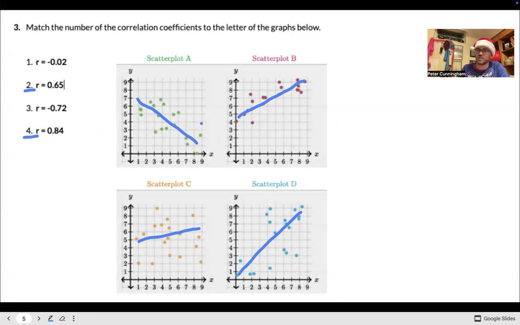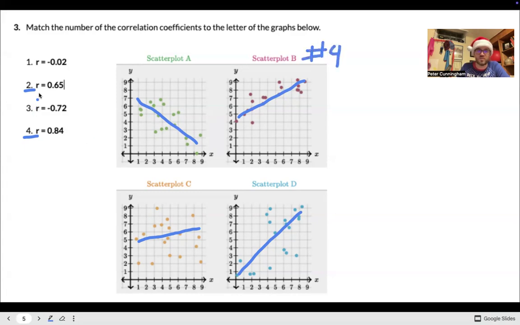Then I ask, which one of these is the line more predictive? The higher value is going to be the one that's more predictive. I would say scatter plot B has more dots close to the line. So that's why I would go with number four here.